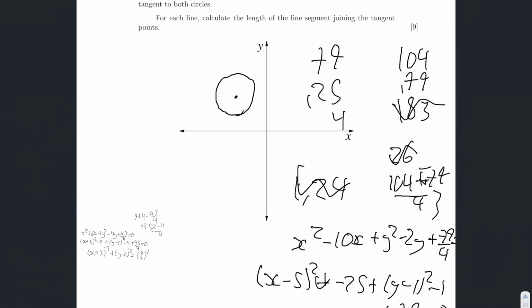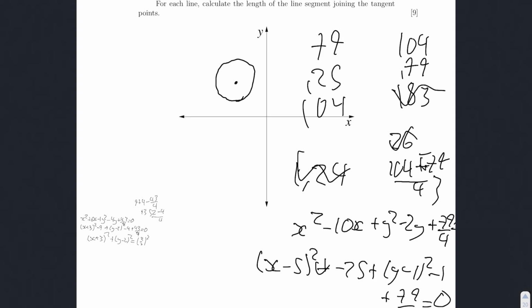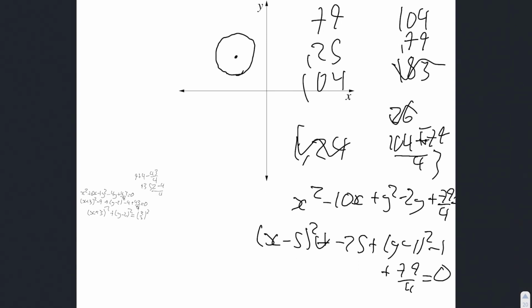Yes, so 25. So this equals x minus 5 squared plus y minus 1 squared equals 25 over 4, which is 5 over 2 squared.